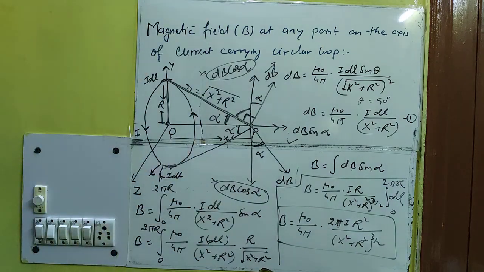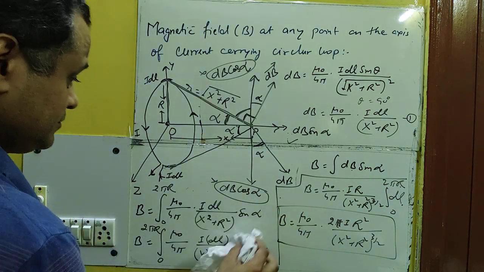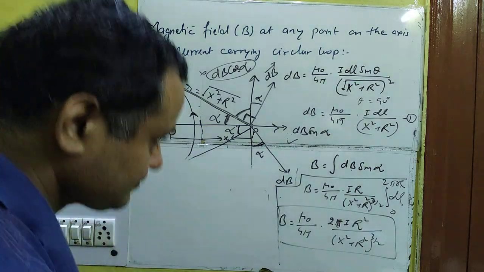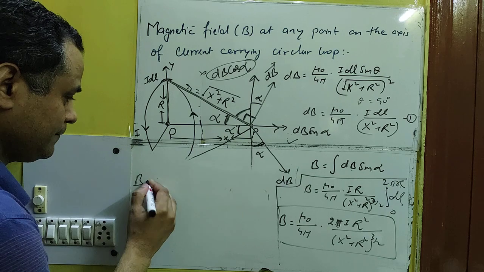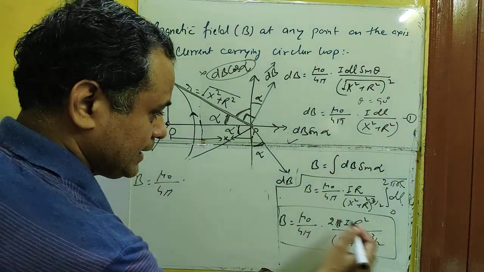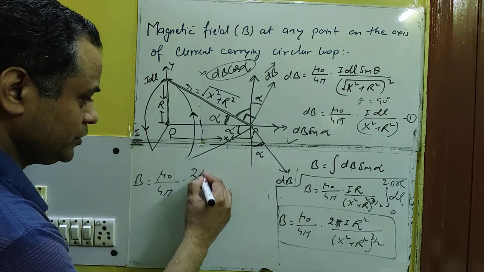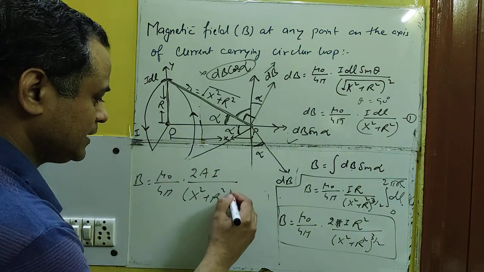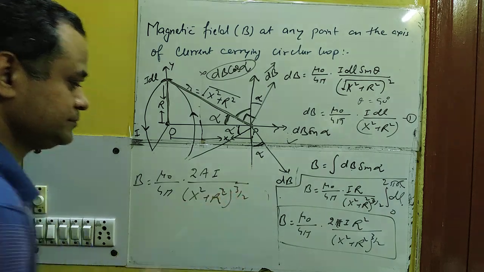Okay, now I can solve in terms of other quantities. So you can write here B equal to mu naught upon 4 pi, r square is A, so 2AI upon x square plus r square power 3 by 2.